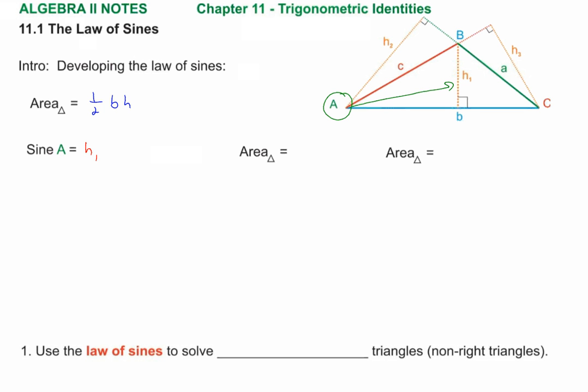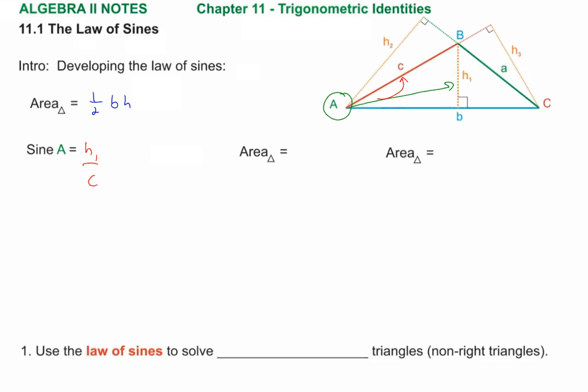It would be the opposite over the hypotenuse, and in this case that is C, right? So the sine of A is the opposite of this right triangle over the hypotenuse of this right triangle, and therefore it is H1 over C.